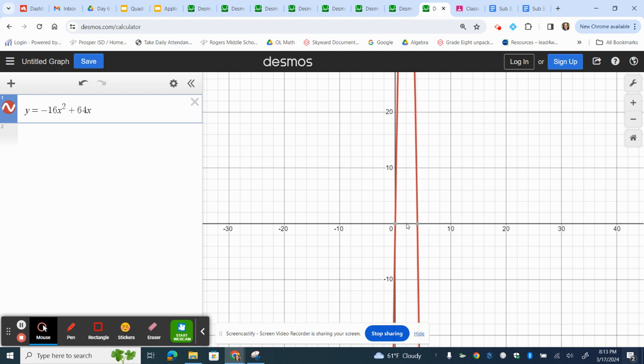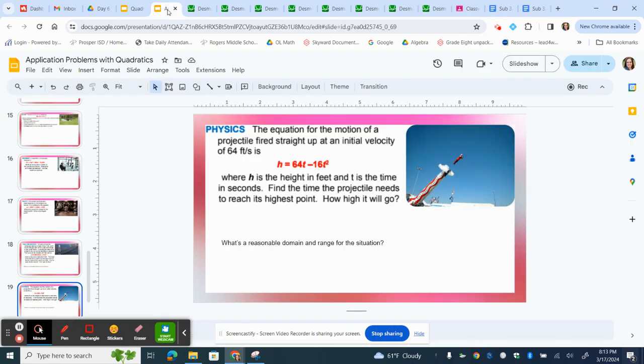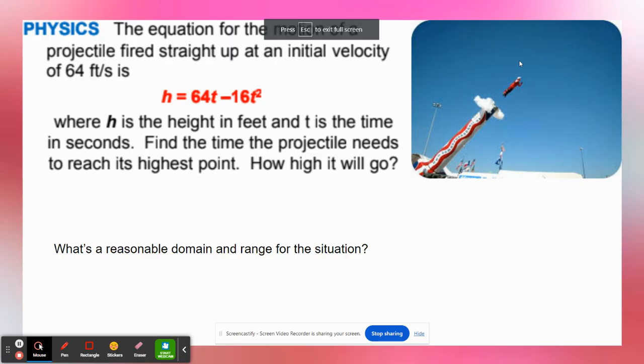And then the range, again, we're going to start at the ground. So the lowest is 0, and our highest, if you recall, we talked about that highest y value was 64. So 0 is less than or equal to y, which is less than or equal to the highest value of 64. So hopefully that has given you some scenarios in real life that you can understand how parabolas can be helpful.